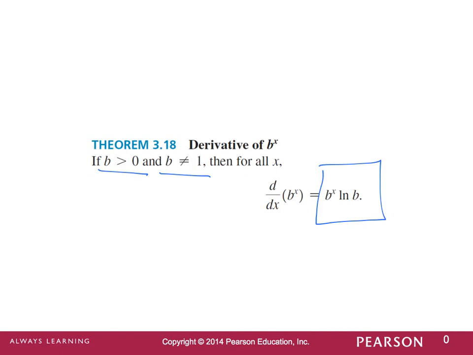And so keep in mind with what we did previously, we looked at the slope at x equal to 0. So if we put a 0 in here, we get b to the 0 times the natural log of b. Well, what's b to the 0? That's 1, and we're left with the natural log of b.